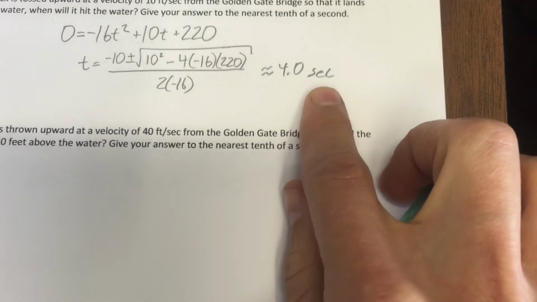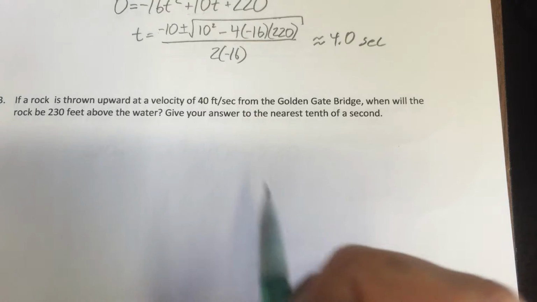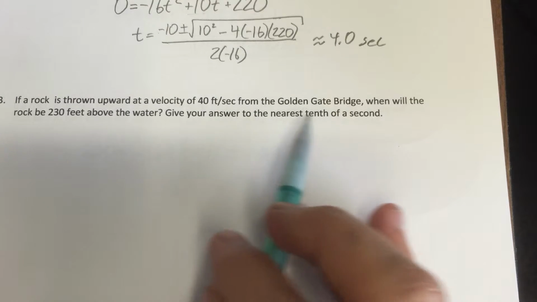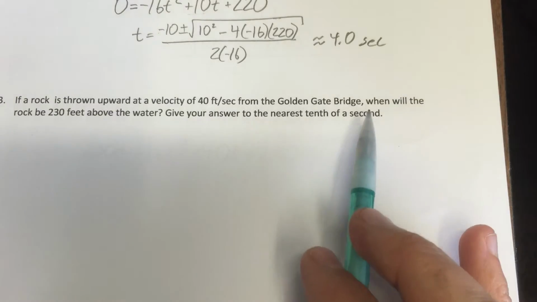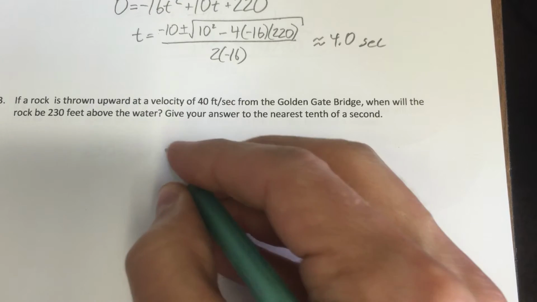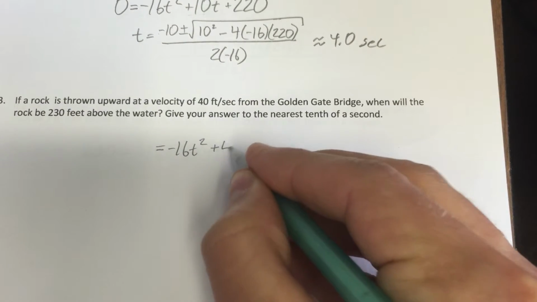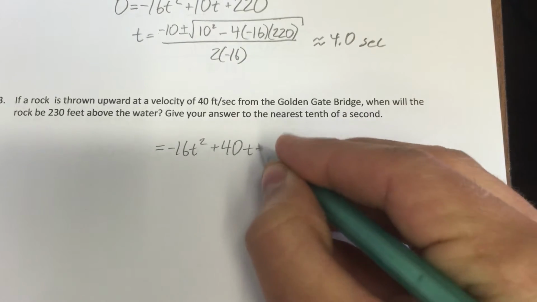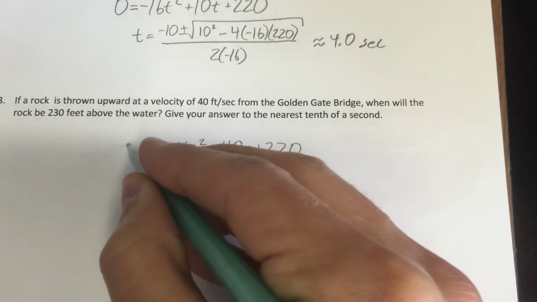Okay, last but not least, if a rock is thrown upward at a velocity of 40 feet per second from the Golden Gate Bridge, when will the rock be 230 feet above the water? Again, answer in the nearest tenth of a second. So now I have my initial velocity slightly higher, still off the Golden Gate Bridge, but notice I'm not setting it equal to 0 here.